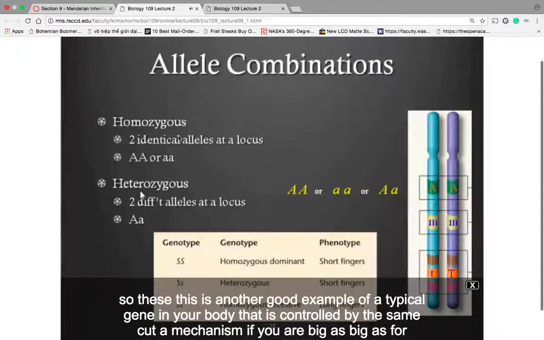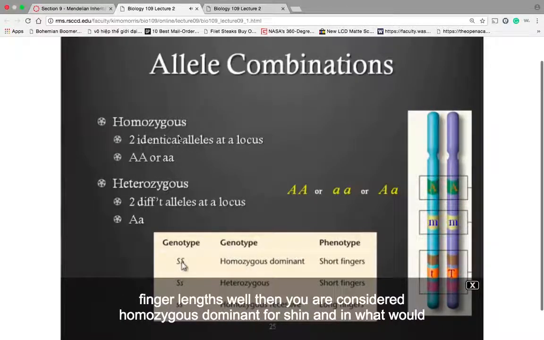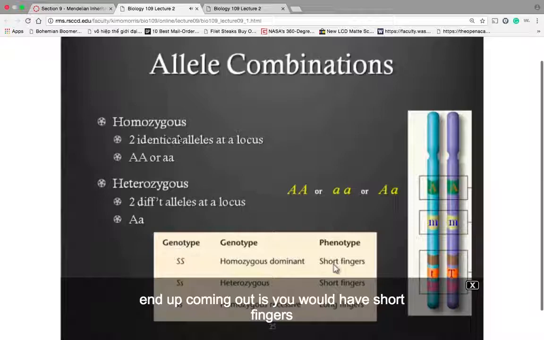So this is another good example of a typical gene in your body that is controlled by this same kind of mechanism. If you are big S, big S for finger length, then you are considered homozygous dominant. What would end up coming out is you would have short fingers. Believe it or not, short fingers is dominant over long fingers.